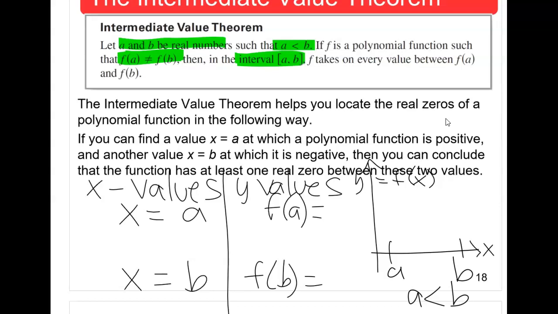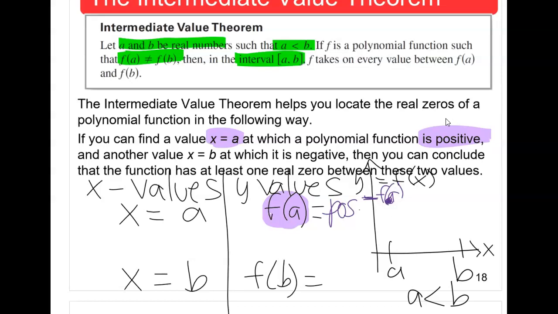For example, for x equals a, the polynomial function is positive. Let's place it here, f of a. So it will be a point right here.